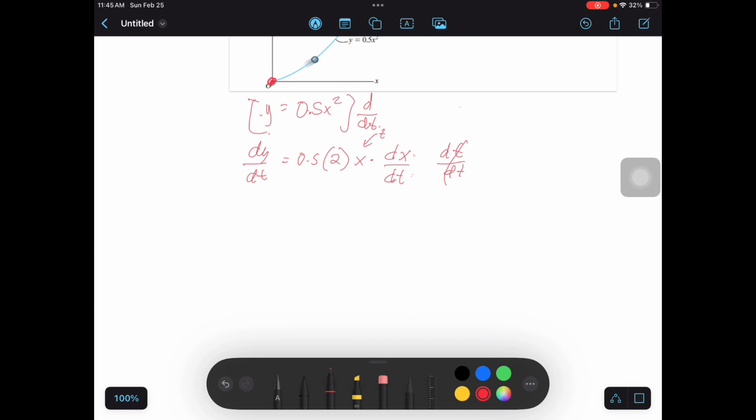But ours is dx over dt. You cannot drop that. You cannot cancel that. Carry it in the solution. So, this is our Vy. So, let's simplify. Vy is equal to x times dx over dt.